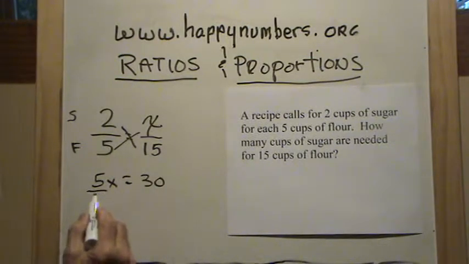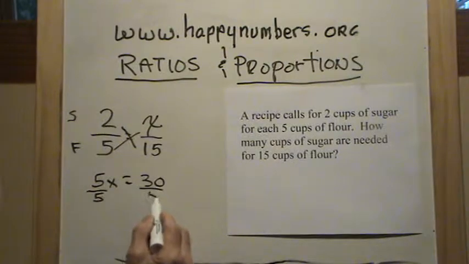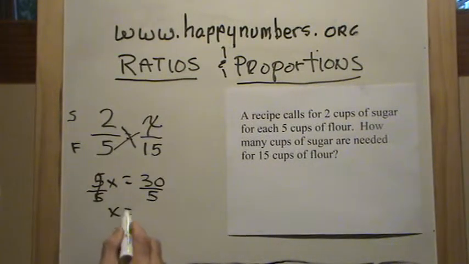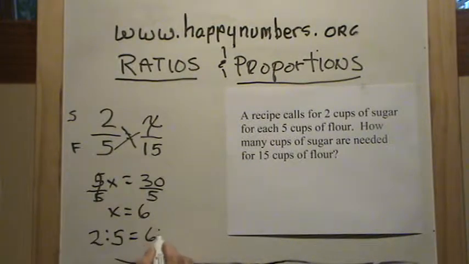We divide by 5 and divide by 5. This cancels out, and X equals 6. So we would need 6 cups of sugar. So then our proportion would be 2 cups of sugar is to 5 cups of flour, as 6 cups of sugar is to 15 cups of flour.